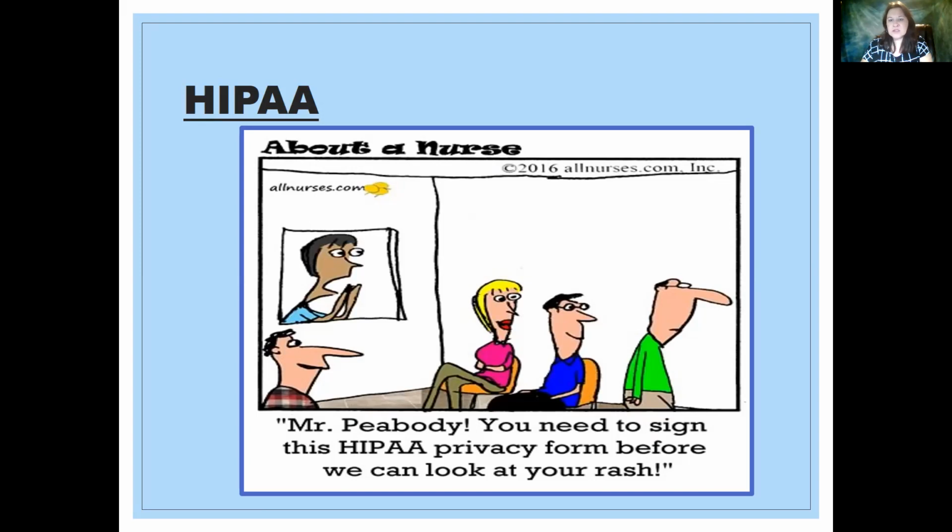Its job is to ensure that patients have the right to view their health record, to update the record, to ask for corrections of mistakes if there were a mistake made in their health record, and also to request restrictions on how the facility discloses information. So it's not just a privacy law.